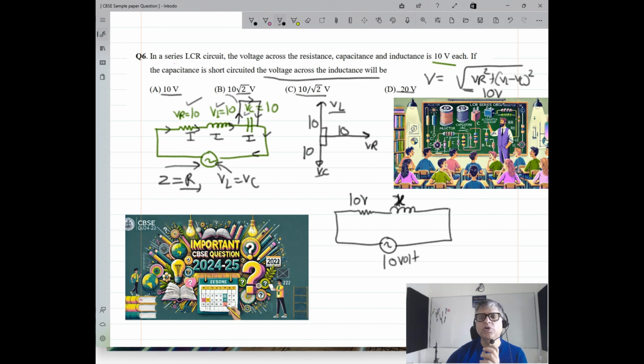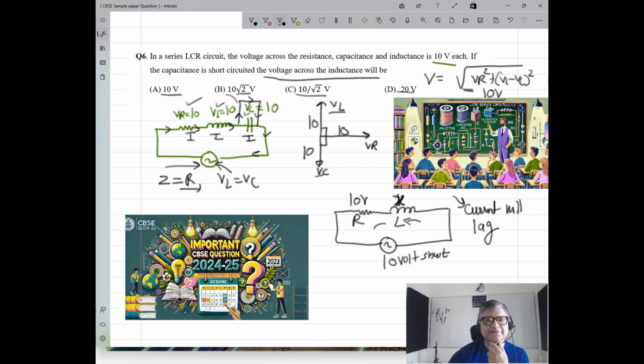Now if you notice, this has become an RL circuit. In an RL circuit, the current will lag, just a general remark. The question is, what is the overall voltage which is left on L? So let's think what exactly is happening.